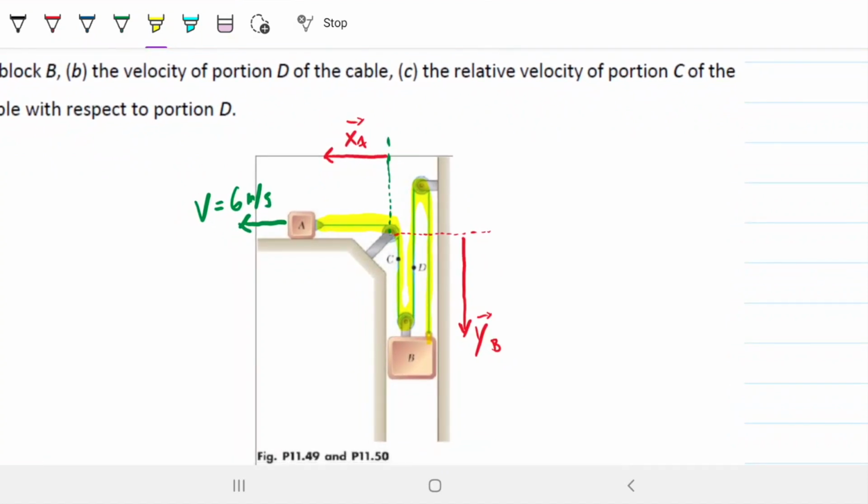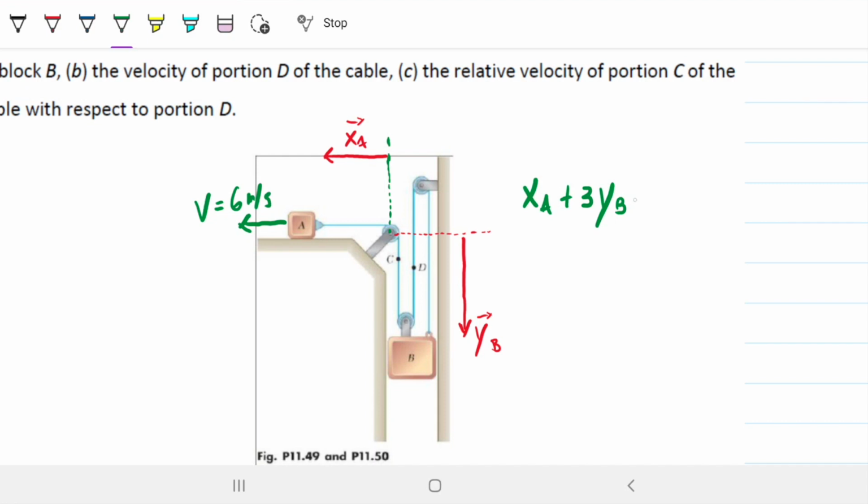So that means that if I do XA, that is my vector, plus 1, 2, 3, plus 3 times YB, I'm going to have a constant.